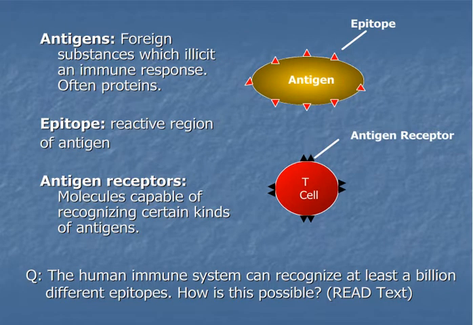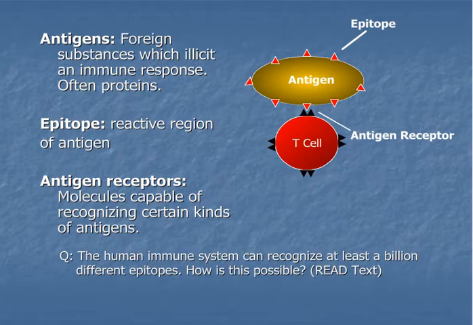Okay, so just to recap, complete antigens are basically proteins that are on the surface of pathogenic organisms, and they will elicit an immune response by our B and T cells. And so our B and T cells have complementary antigen receptors that will bind to the antigens on our pathogen. And the epitope is actually the reactive region of the antigen. That is the one that binds with the active site on the antigen receptor.